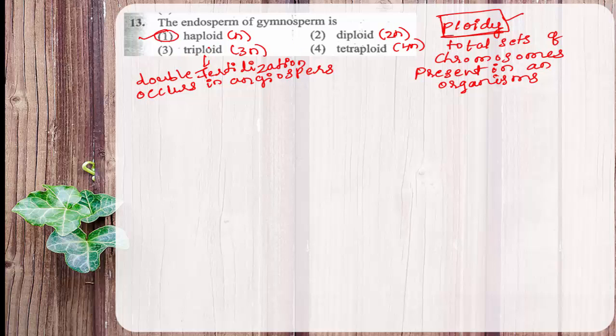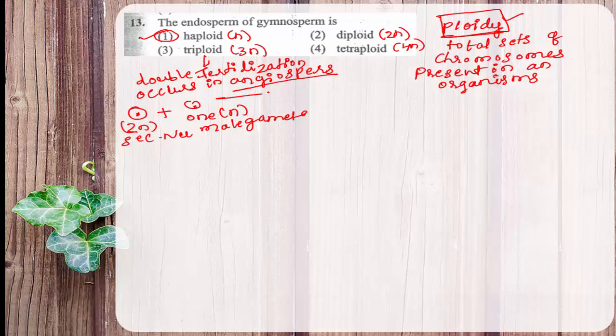As a result, the triploid endosperm is produced in case of angiosperms. And how it is formed? The triploid endosperm is produced by the fusion between secondary nucleus, which is diploid, and one male gamete which is discharged or released by the pollen tube. So male gamete will be haploid.